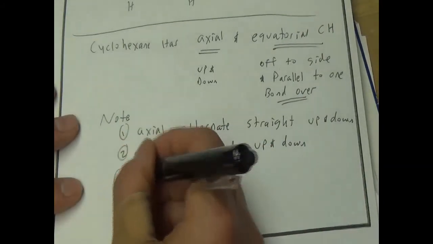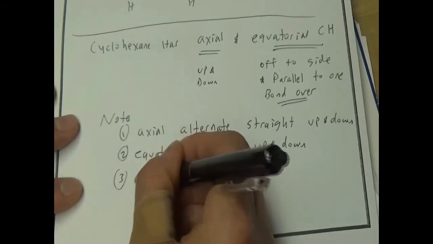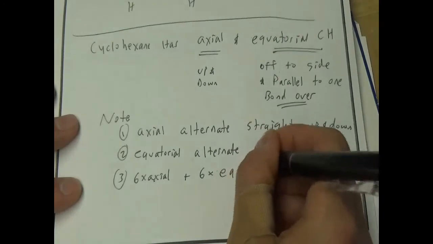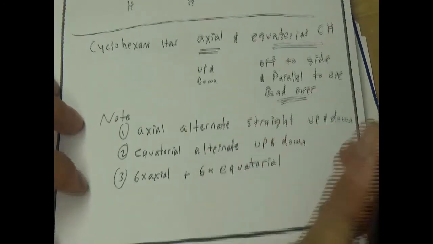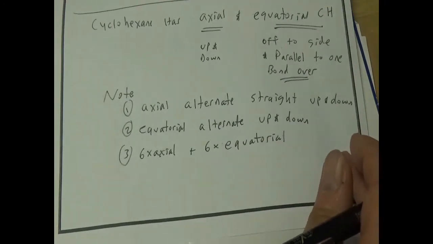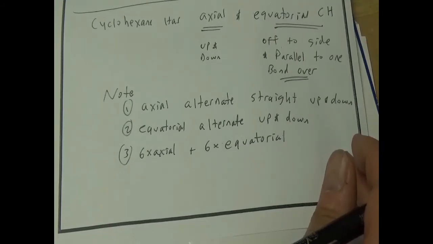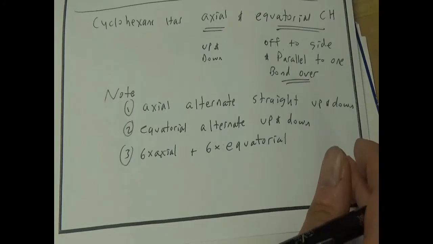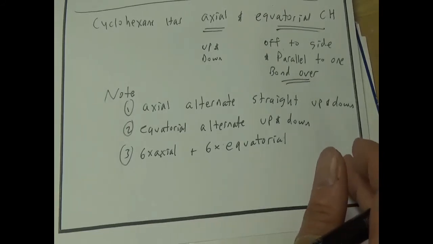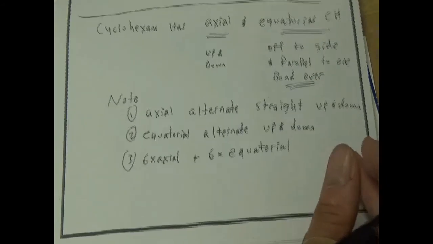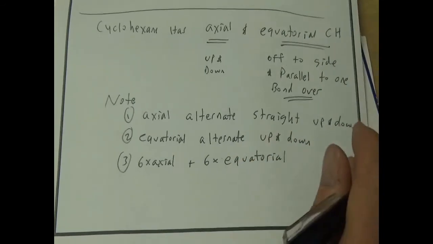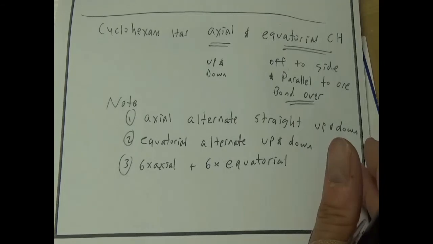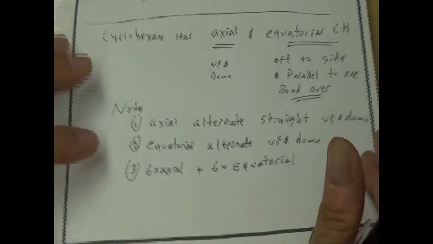And of course there's always 6 axial and 6 equatorial. But on any carbon, one will be up in axial, the other will be down in equatorial or something. You'll never have 2 things up at the same time, right? So, okay. We're going to try one more practice drawing, just in the last second.